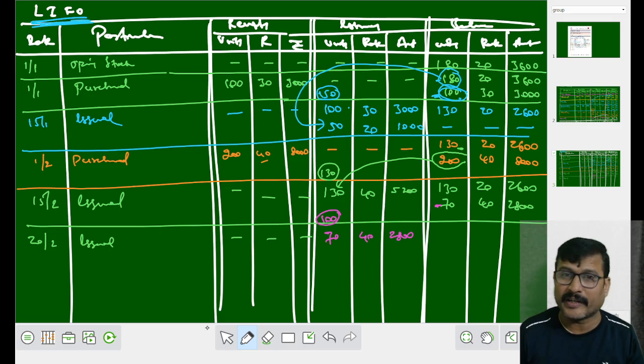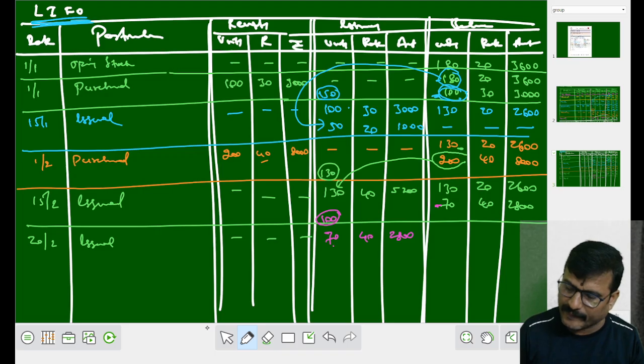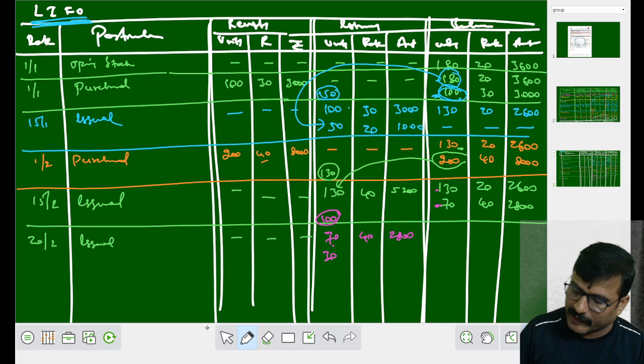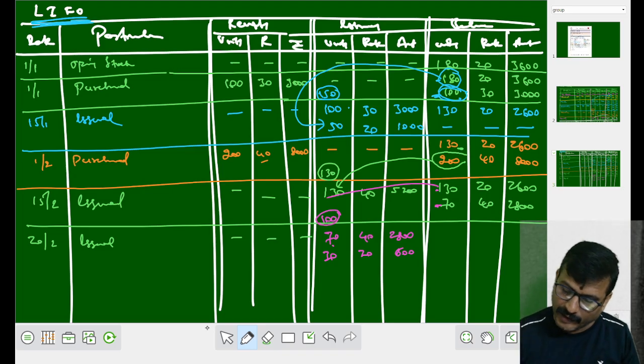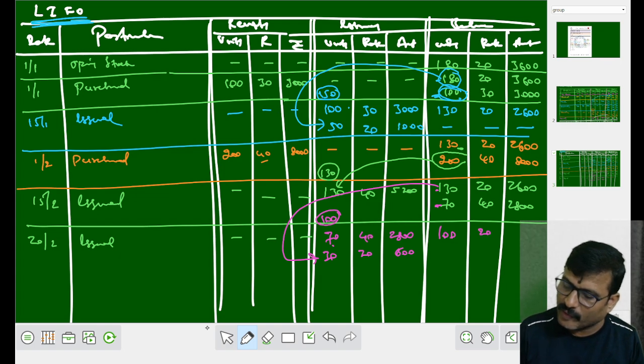Still how many units are needed? Out of 100 you gave 70, and still you have to give 30 at the rate of 20, which is 600. Now see, out of 130 you gave 30. How much is left? 100 at 20, 2000. The 70 were given in full, so that gets cancelled.